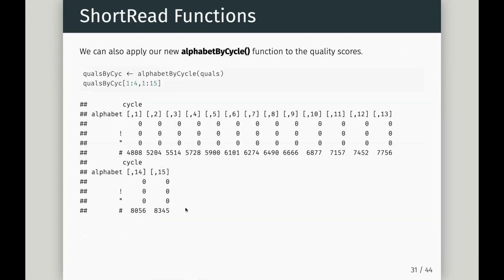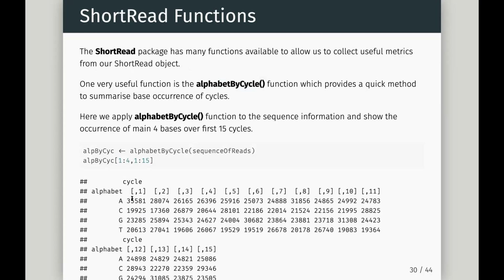Although we don't really see much, maybe there are a little bit more A's at the beginning, and that slowly comes out. It is quite common, and you'll see this in the exercises, that you will have bias at the beginning of your read. This is because often some high throughput sequencing techniques will chop up or fragment your DNA in a sequence specific manner.